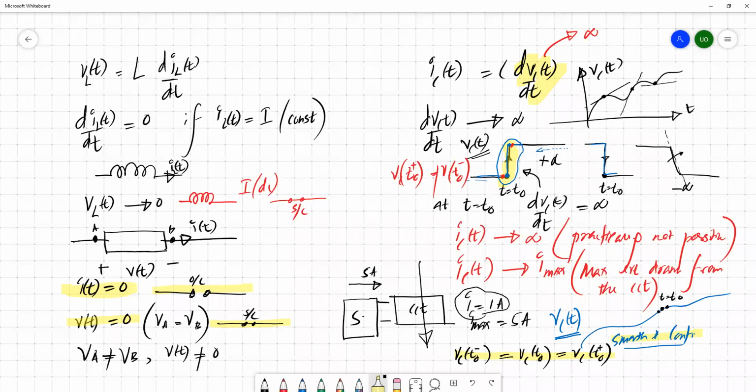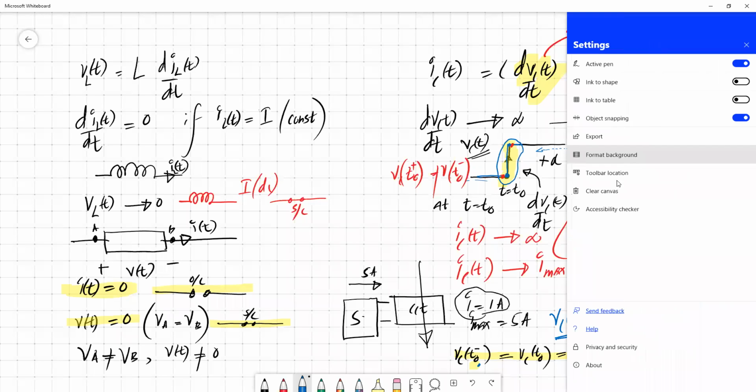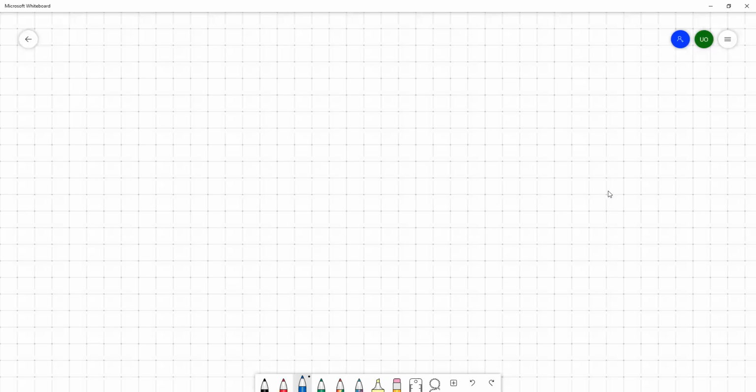If it is smooth and continuous, we can argue that at any point the voltage equals the voltage at the neighboring points. At t equals t naught, the voltage value equals the value at t naught plus and t naught minus. So this is for the capacitor.